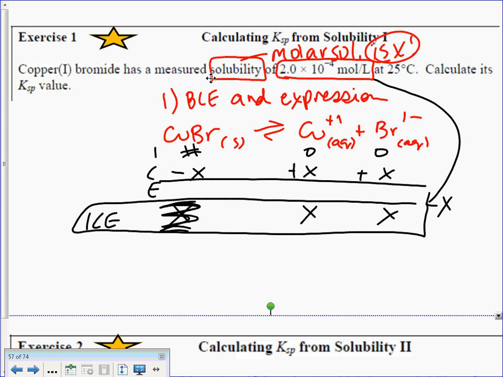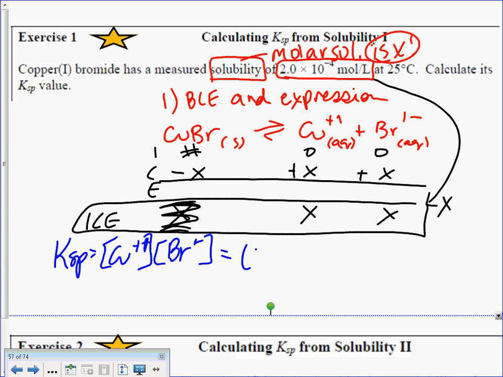So let's set up our KSP expression, because I haven't done that yet. What's our KSP expression? It's the ion concentration of copper 1 and bromide to the first and first power. So guess what?